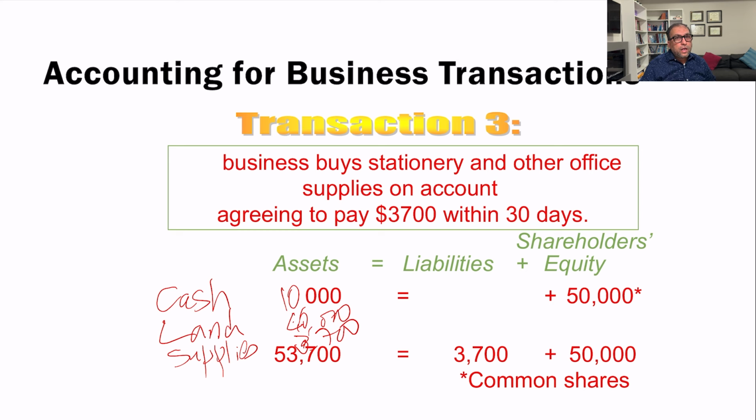But on the liability side, what is changing? The 50,000 equity is still there, but we are adding accounts payable. So we are buying supplies on credit. So it's a liability. We have to pay in the future. We mentioned that we're going to pay in 30 days.